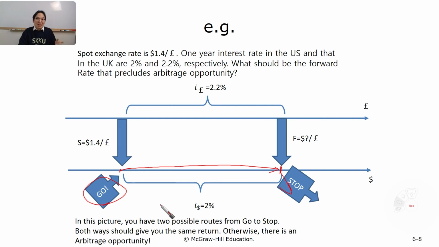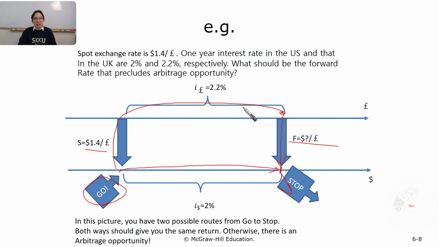What's the other way of investment? Well, you first convert your US dollar into British pound at the spot exchange rate, and then put it into the British Treasury rate, or lend it, at 2.2%. And then after maturity, you get the amount and convert it at a promised rate, a forward rate.